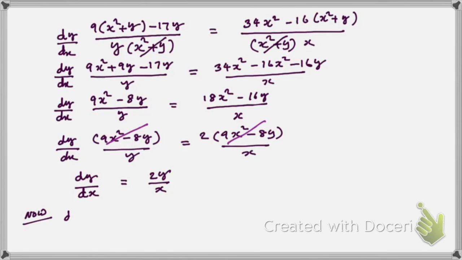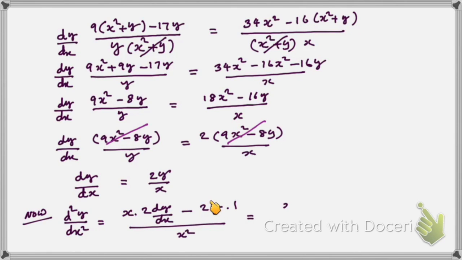But your question was on second derivative, so we are going to differentiate it one more time. So d square y by dx square, quotient rule: v into derivative of the numerator, derivative of 2y is 2 dy by dx, minus numerator 2y into derivative of the denominator, which is 1, by the square of the denominator, v square, which is x square here.